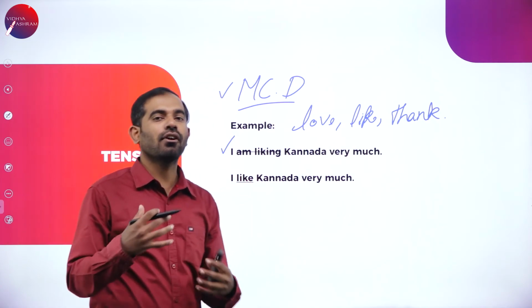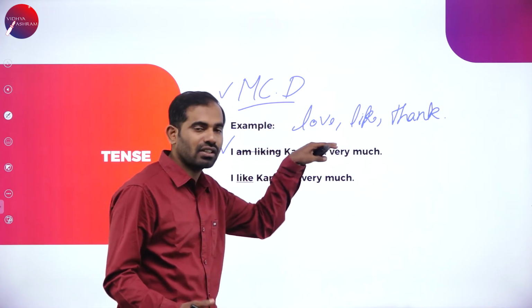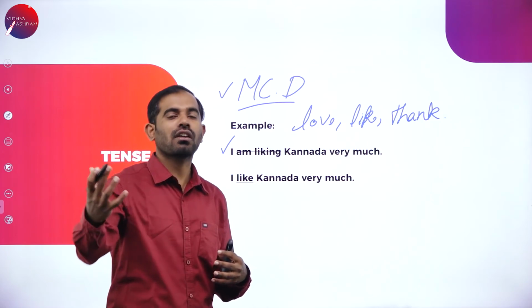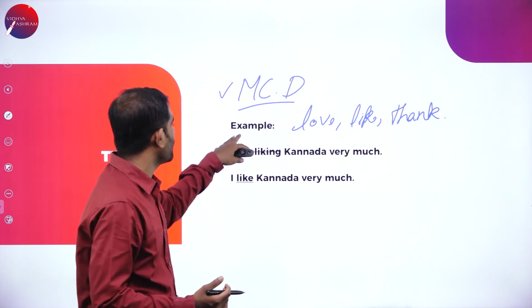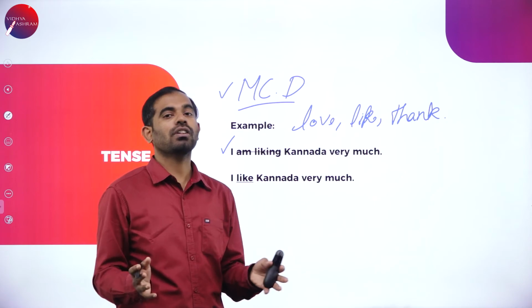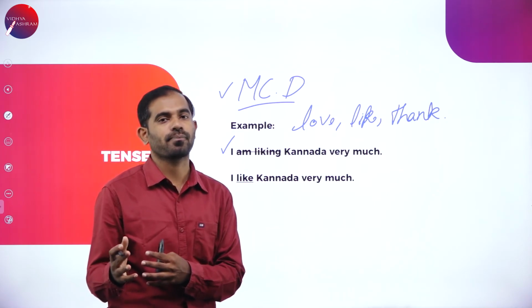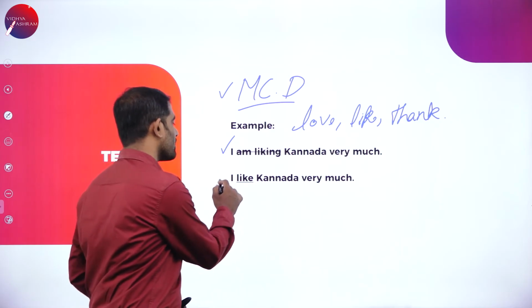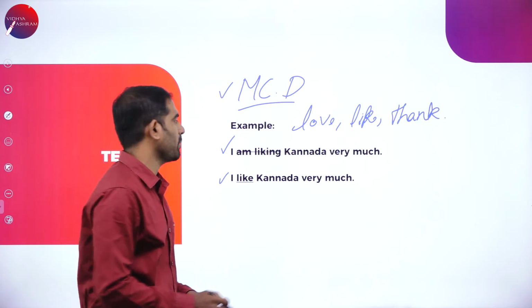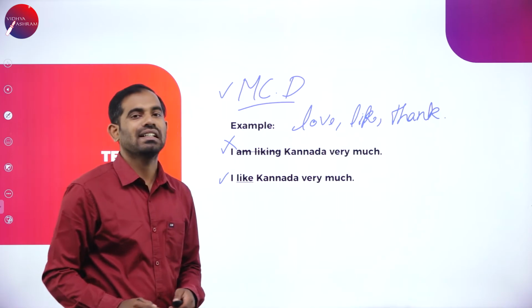So this is a tendency of Indians in order to attract the mob, the crowd, the population. They changed the original quote, the tagline, from I love it to I'm loving it. So the correct usage is I like Kannada very much. It is the wrong usage.